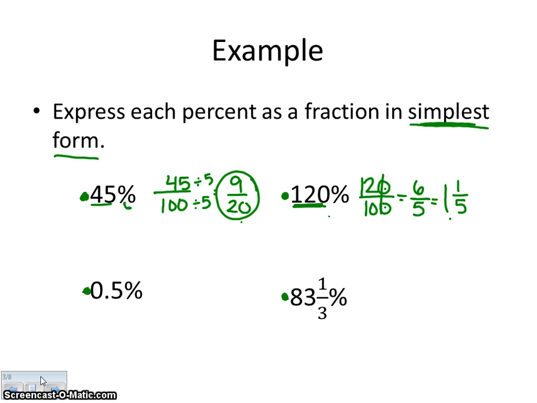All right, so let's look at 0.5%. Remember, we're going to write it over 100. So all I'm going to do is write what's given to me, 0.5 over 100. To do this, I can multiply by 10 to eliminate the decimal, or I can just type it in my calculator, 0.5 divided by 100, and I get 0.005.